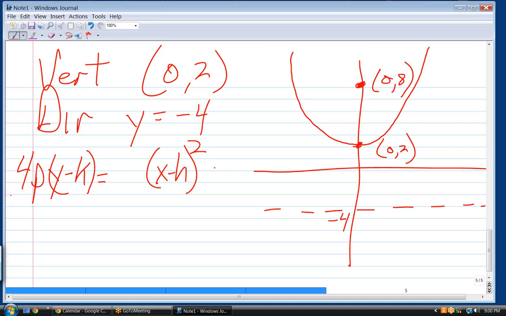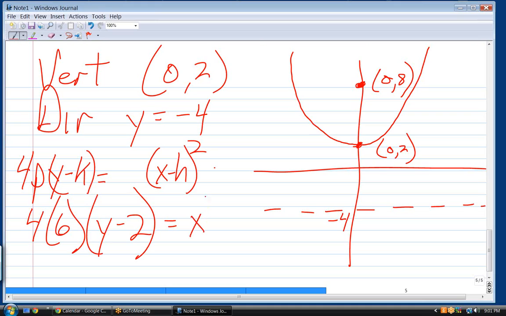So you want to get it into this format, P being the distance from the vertex to the focus. Okay. So we know what that is in this case. 6. Yep. H and K are the vertex. So what would this equation be? It would be 4 times 6 times y minus 2 equals, well, h is 0, so equals x squared.